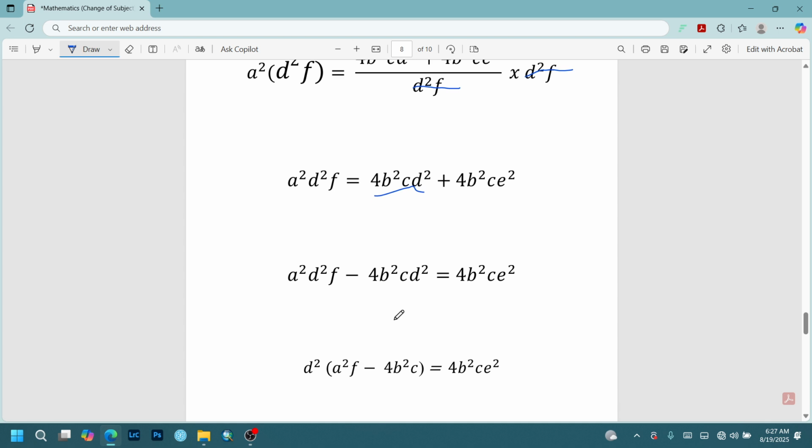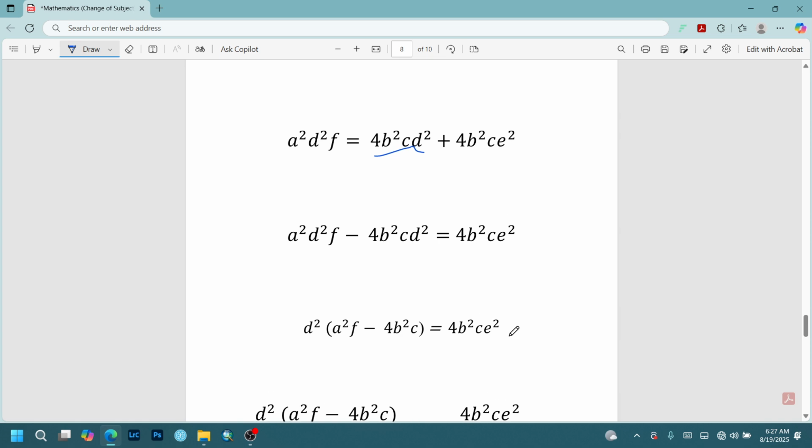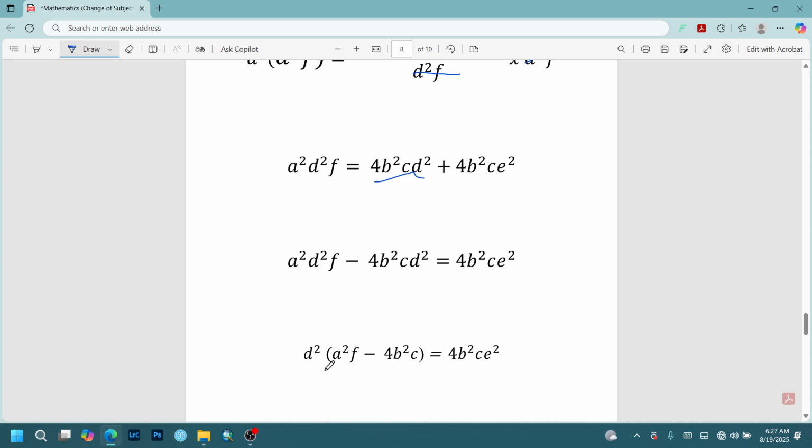So we have d squared multiplying a squared f minus 4b squared c, which is equal to 4b squared ce squared, right? So we want to make d the subject of the relation, but we have d squared, right? So we cancel out the factor surrounding d squared, which is a squared f minus 4b squared c.